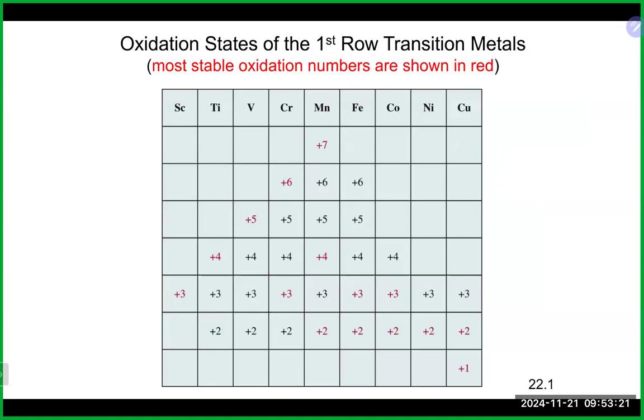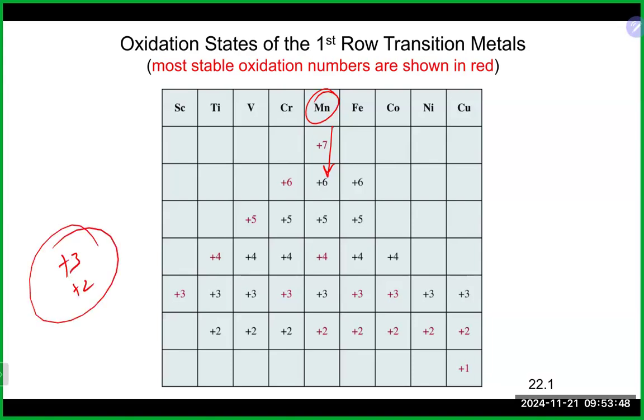Remember that oxidation states and oxidation numbers, as we talked about, are not necessarily the charge we think of on these when they are in an ionic compound. But something like Mn, as you had from that list in the lab, could have a variety of oxidation states. I would say the vast majority of them are, as you can see, +3s and +2s, which are very common oxidation states.